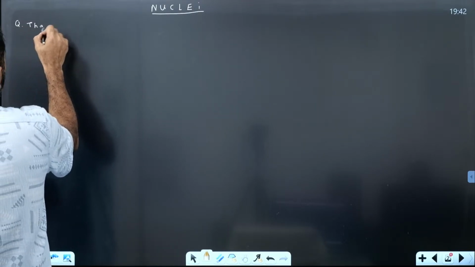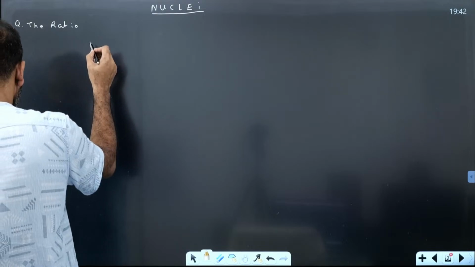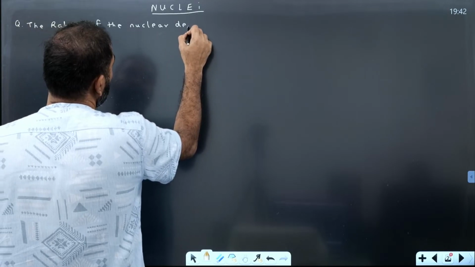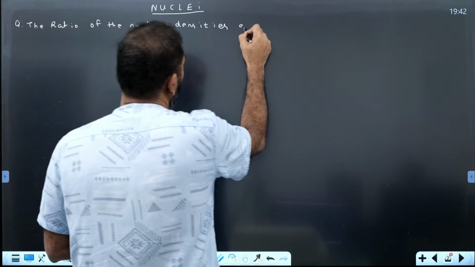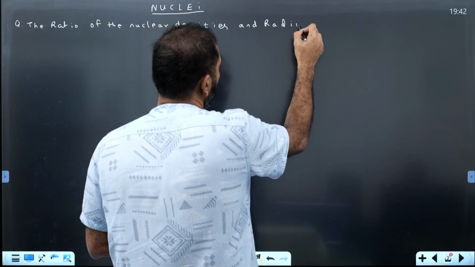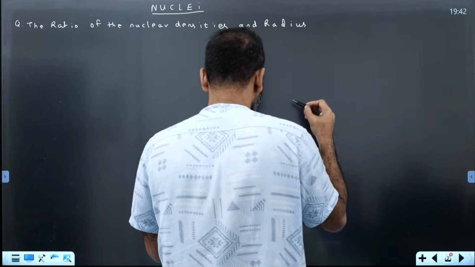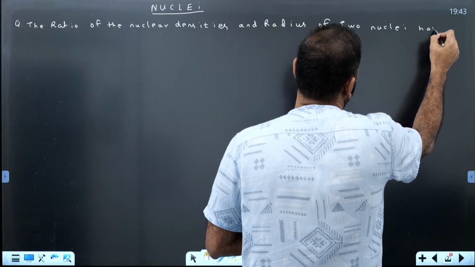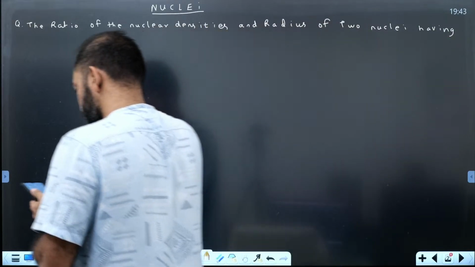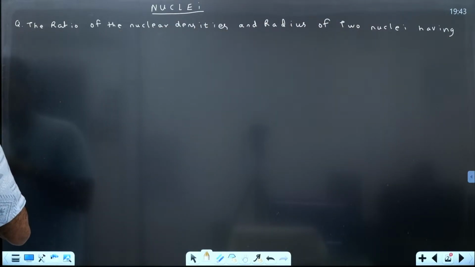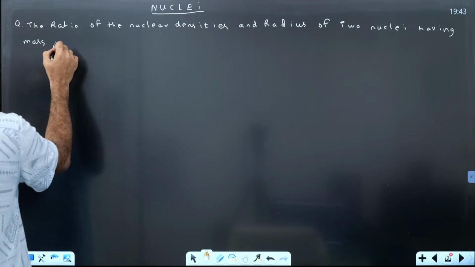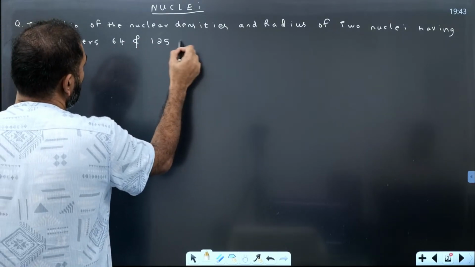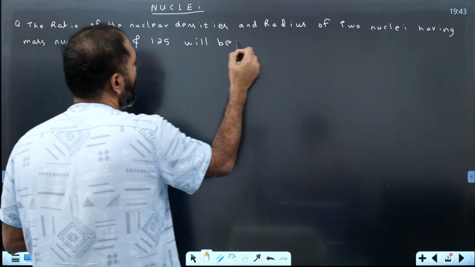Question. The ratio of nuclear densities and radius of two nuclei having mass numbers 64 and 125 will be dash comma dash.